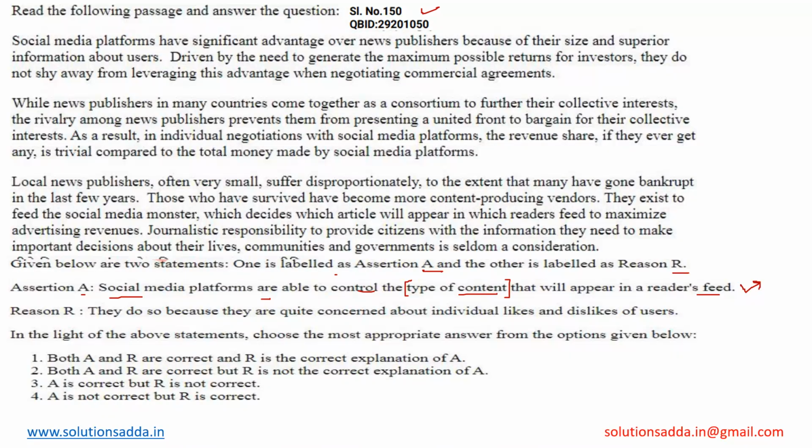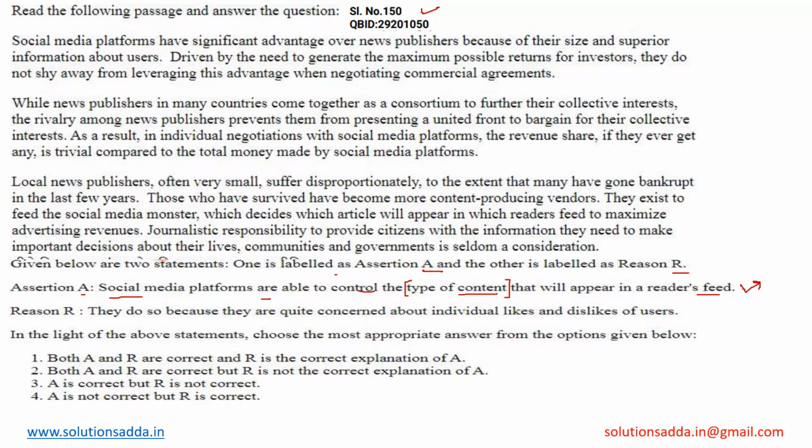Although there are some rumors and some viral information on social media platforms, which is not very true at first instance, social media platforms are very well able to control the type of content that will appear on the reader's feed or any login pages or anything which appears on the platform. They have complete control over their data. So we can say that assertion A is true.